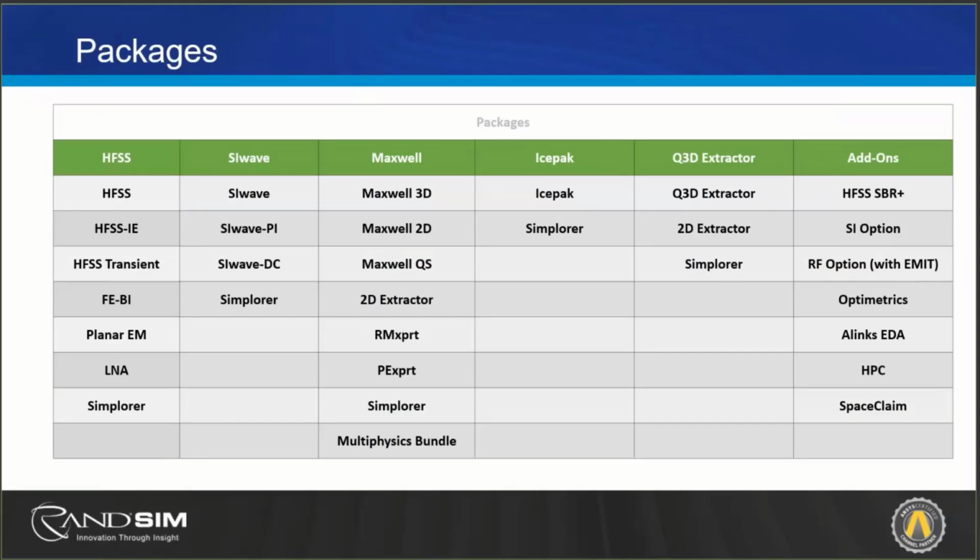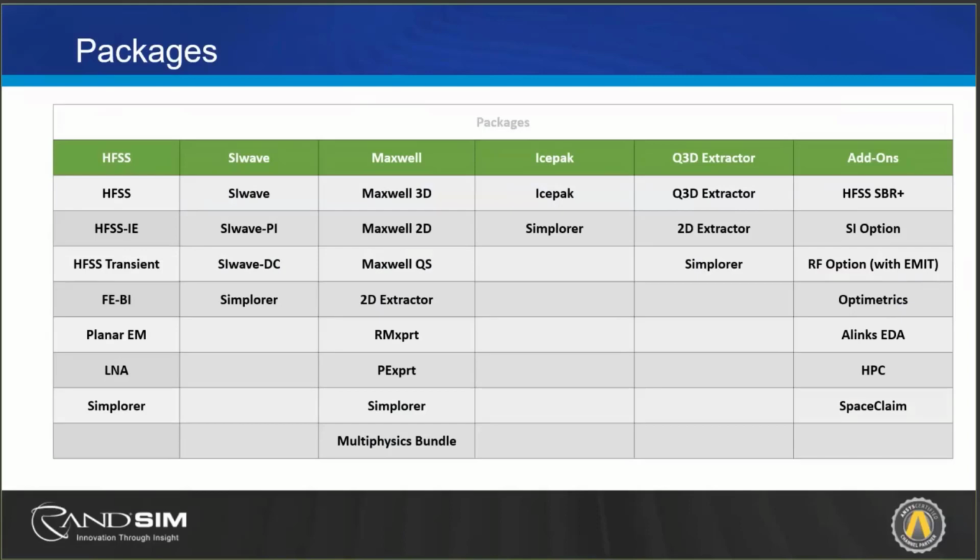Some additions that are worth talking about is the Optometrics package. That is a tool that you can incorporate into HFSS, Maxwell, and Icepak to do things such as parametric studies and design of experiments. If you're looking at mitigating, reducing, or maximizing some value, an optimetrics study is a great place to start.